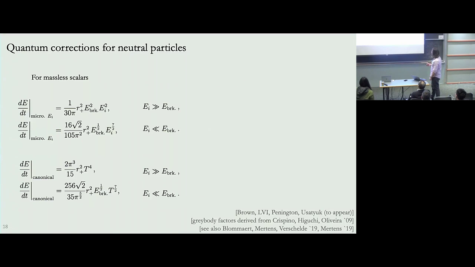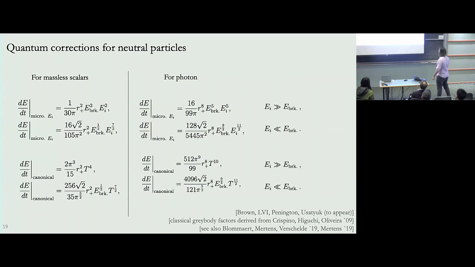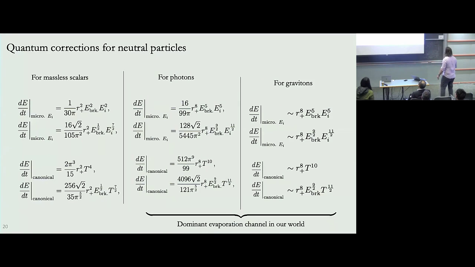So this is for massless scalars. We also computed it for photons with all the gray body factors. Once again, you get a change in the power law. And we haven't fully computed the gray body factors, but are almost there for gravitons. And the curious thing is that they have the same scaling of the energy above extremality as the photons.